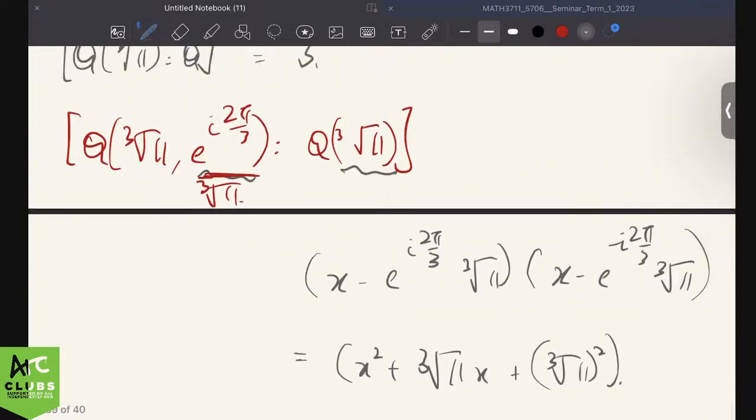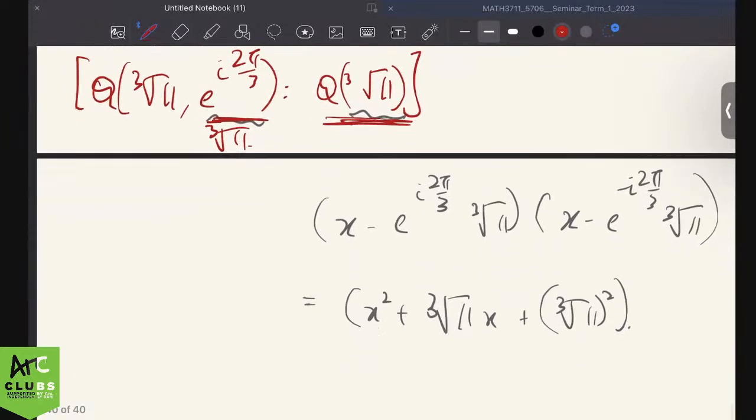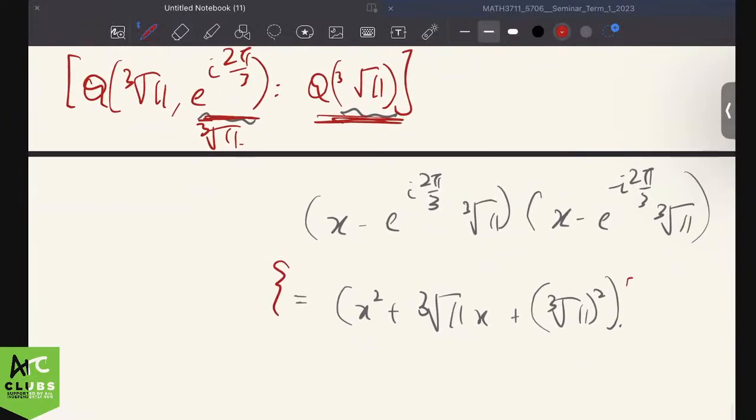And this actually turns out to be a polynomial with coefficients in Q cube root of 11. So in other words, if this can be written in this form, then this is the minimal polynomial.